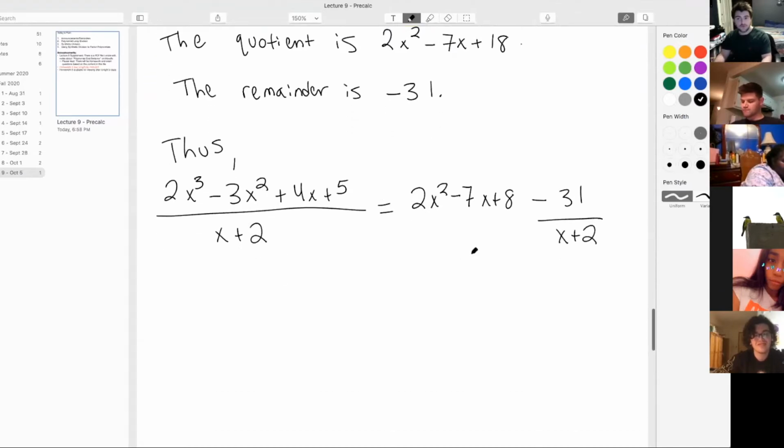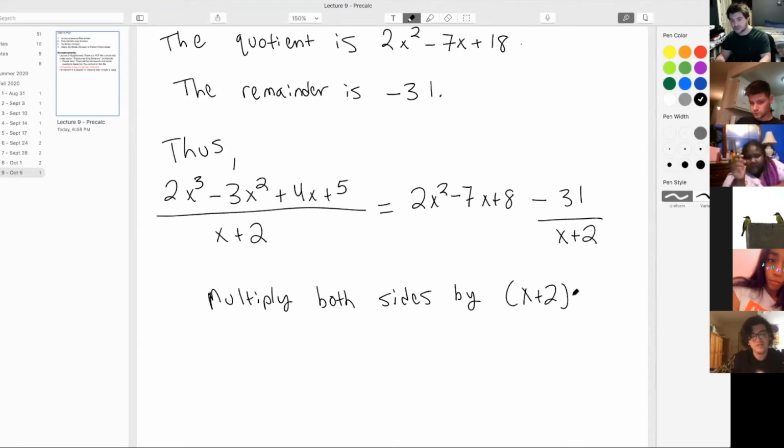So that's one form. And now I would just like to show you guys you can multiply both sides by x plus 2 to clear the fractions.